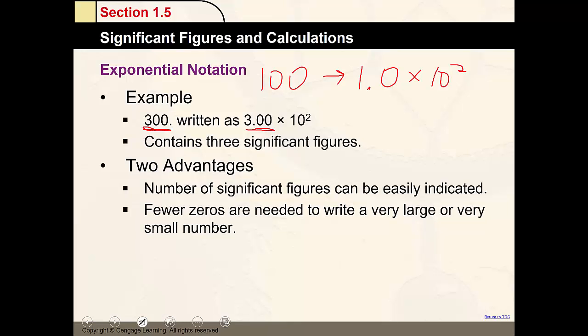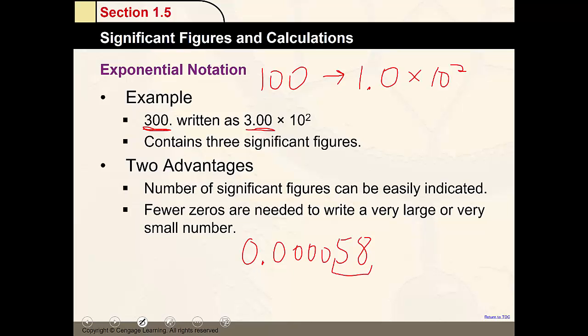And so with this second point, the fact that fewer zeros are needed, so let's say we have the number 0.000058. So we know all of these leading zeros are not significant.